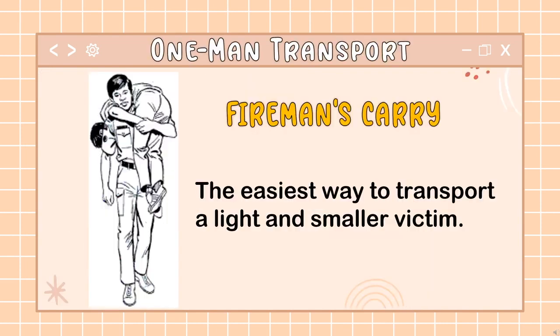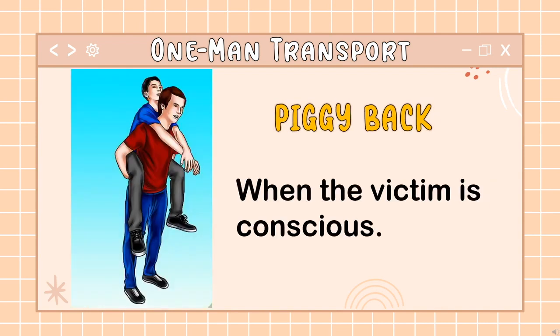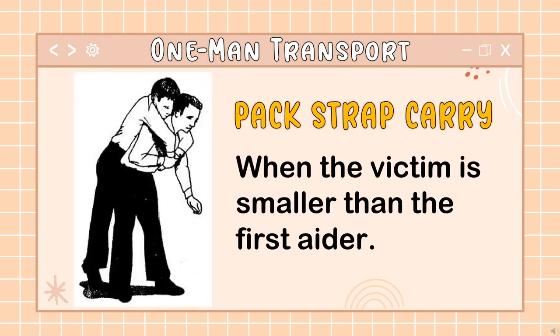Under one-man transport category, we have fireman's carry. This is the easiest way to transport a light and smaller victim. Another one is piggyback. This is done when the victim is conscious. Packstrap carry. Do this when the victim is smaller than the first aider.